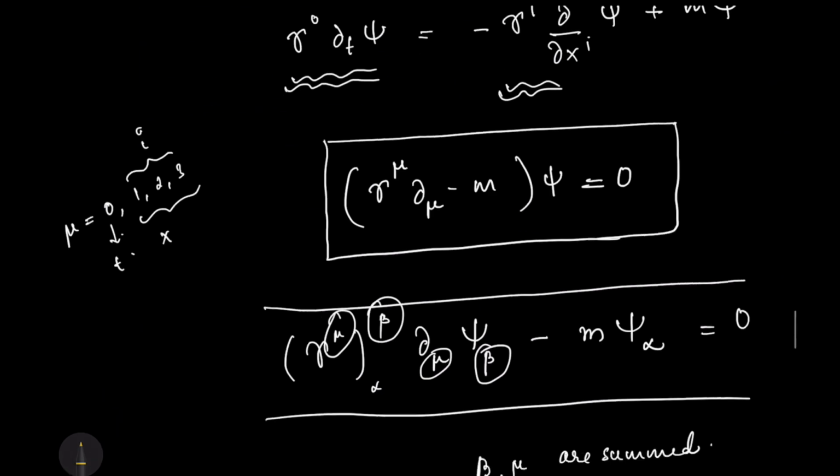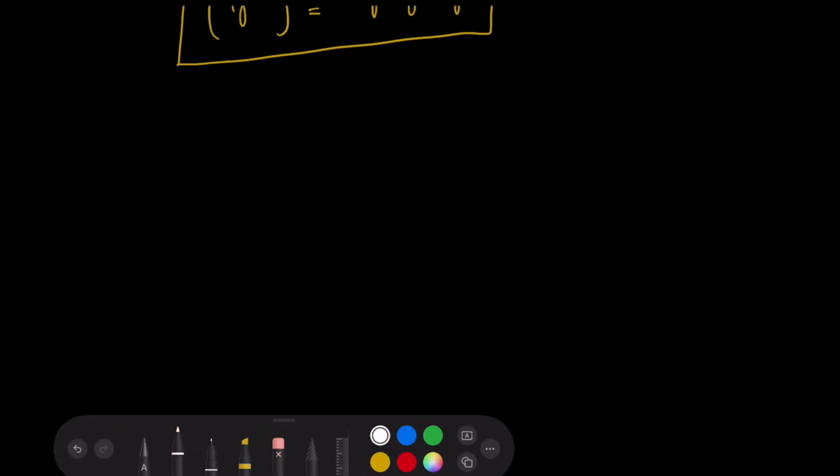So corresponding to solution number 1, I can write gamma 0 is equal to I 0 0 minus I, right? And similarly I can have gamma I. So this is a 4 cross 4 matrix.